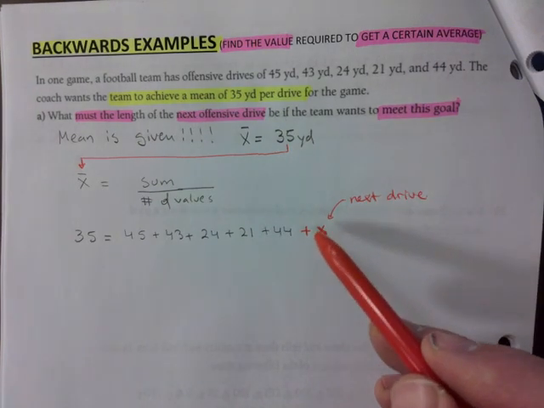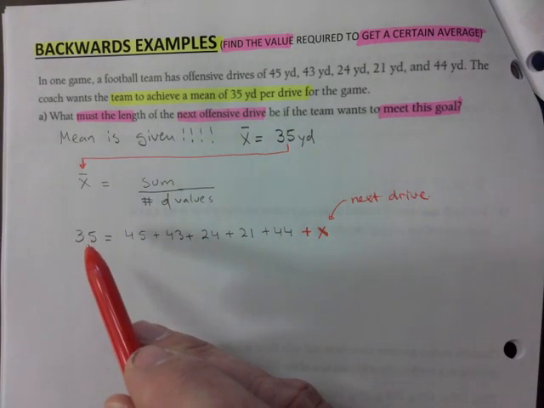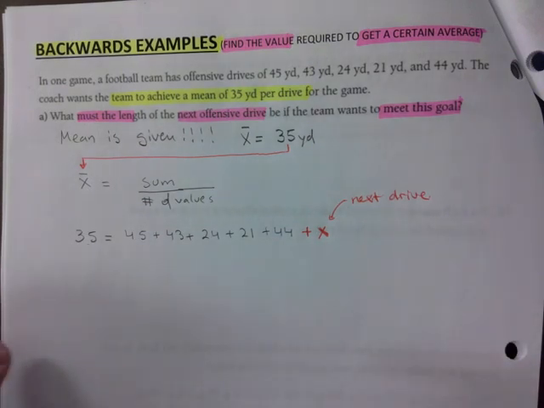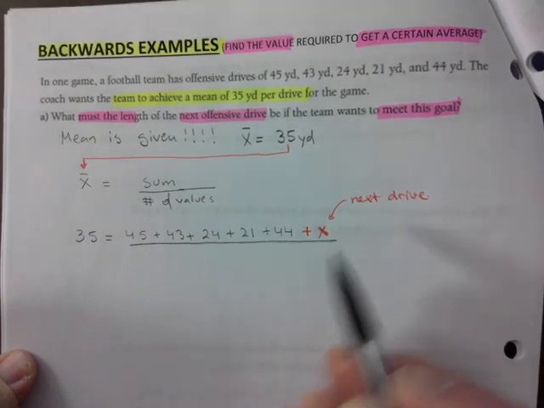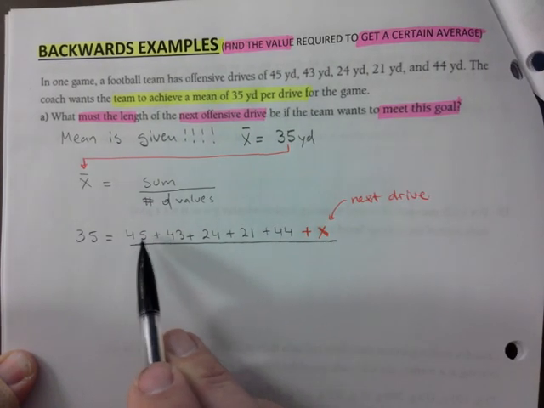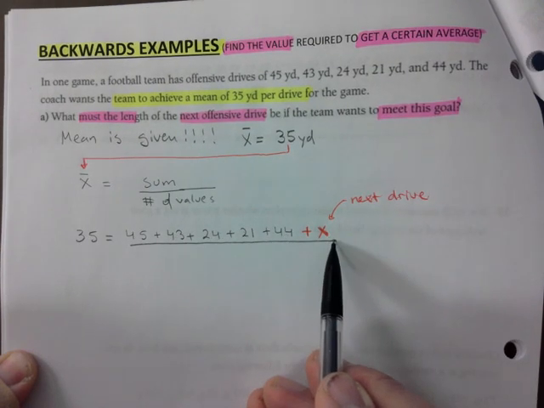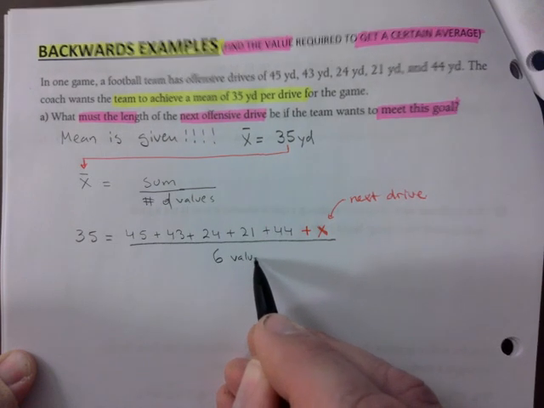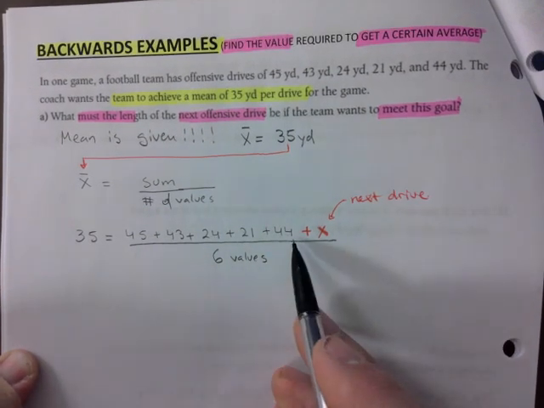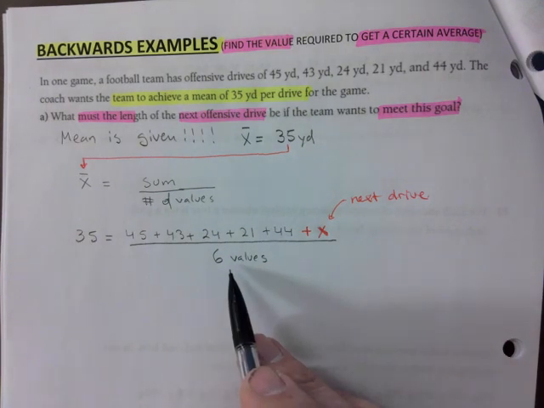What does your next drive have to be so that you meet that 35 yard average? Okay. And we're going to divide this by, how many numbers are we going to be adding here? 1, 2, 3, 4, 5, mystery, 6. 6 values. 5 were given, 1 is unknown. But we are considering 6 values.